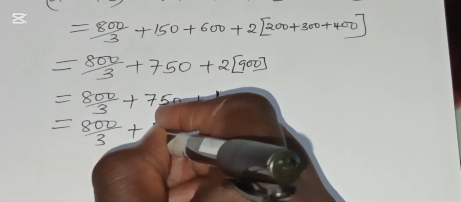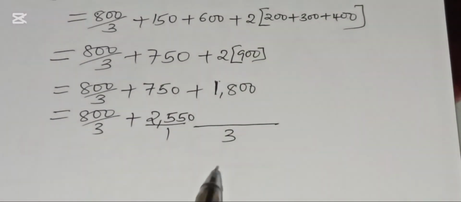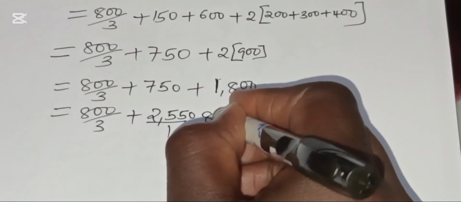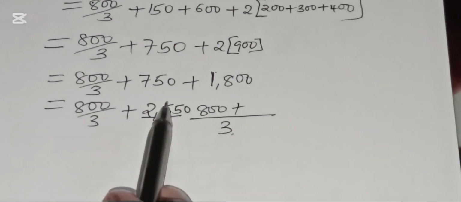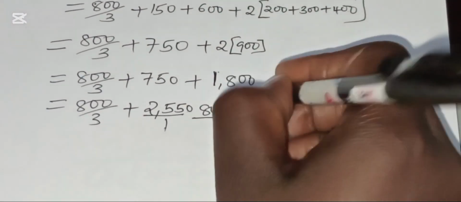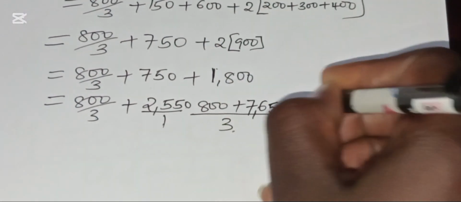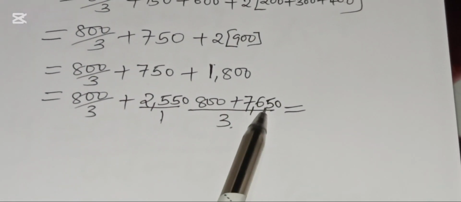2550 is a whole number, so it's over 1. So we can get the LCM, which is 3. 3 divided by 3 is 1 times 800, which is 800, plus 3 divided by 1 is 3 times 2550. And this is supposed to give us 7650. So that we'll have 800 plus 7650.